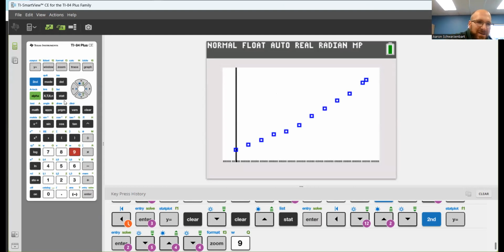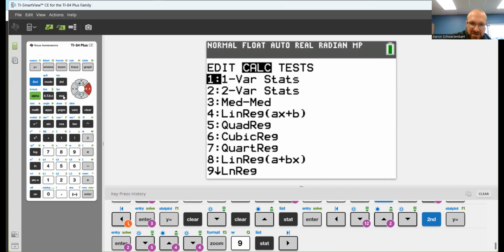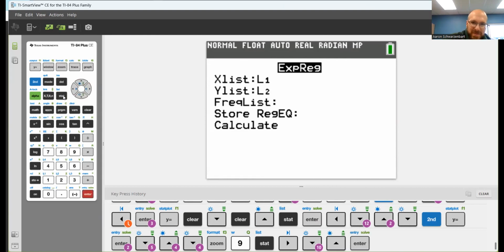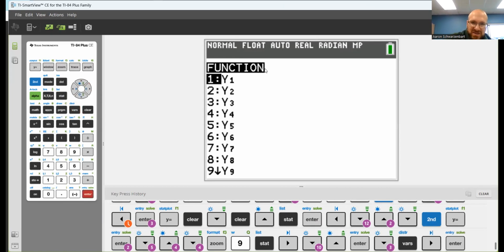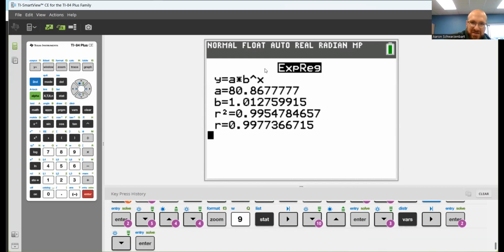Now let's find my model. Exponential regression. I'm going to go stat, scroll over to calc, and scroll down until I see ExpReg, which stands for exponential regression. X list is L1, Y list is L2. Store regression equation: I'm going to make this Y1. Y-vars, function, Y1. Go down and calculate.